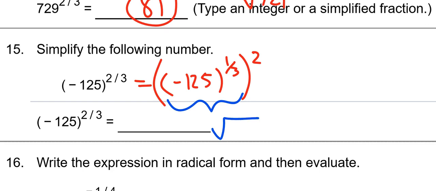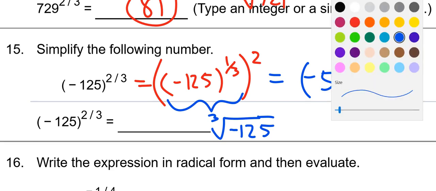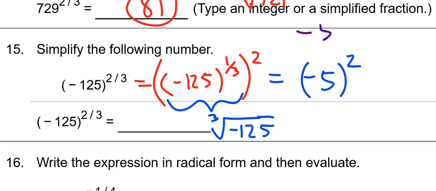So what is the cube root of negative 125? That is negative 5. Now, if you don't use parentheses around negative 5 before you square it, you will get it wrong. And I'm not talking, folks, I have seen some of you write these things down and say, well, Mr. Stailey, I am using parentheses. Well, there's a problem. Okay?